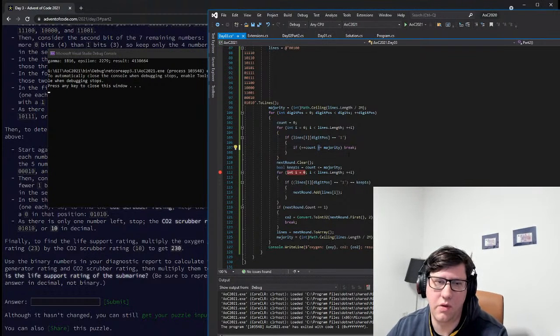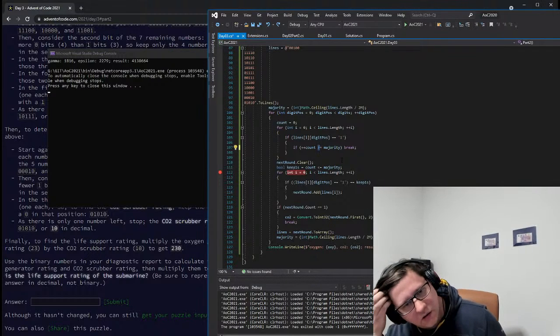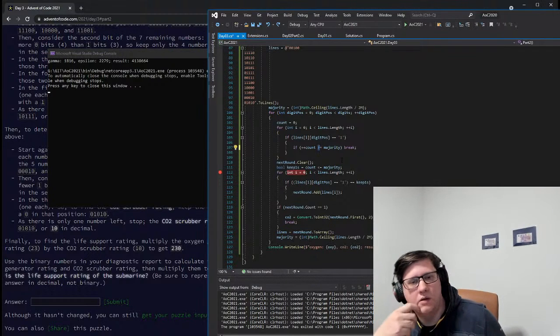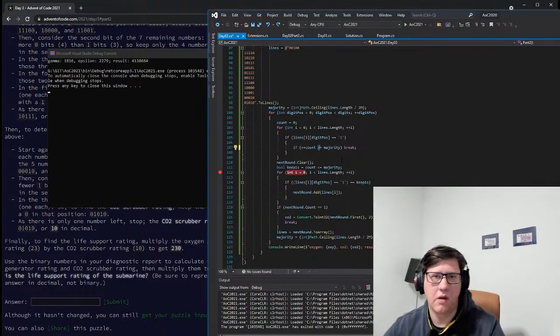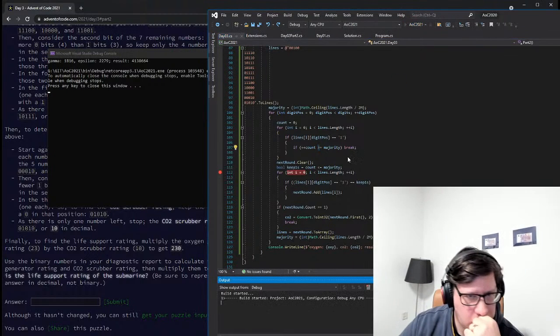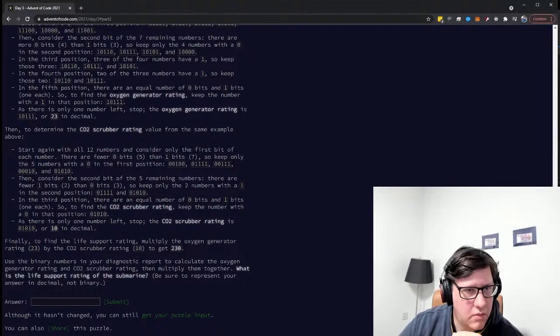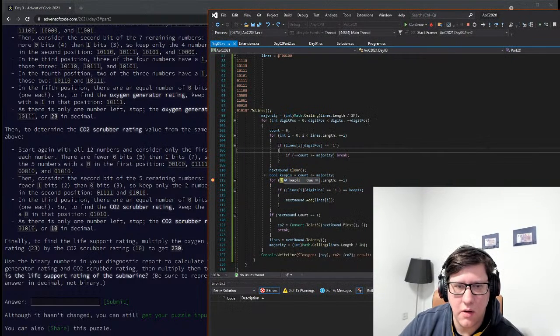Yeah, once this reaches more than the majority. Am I thinking about this correctly? Let me just run it and then. Fewer zeros, so keep only the 5 numbers with the 0, right?